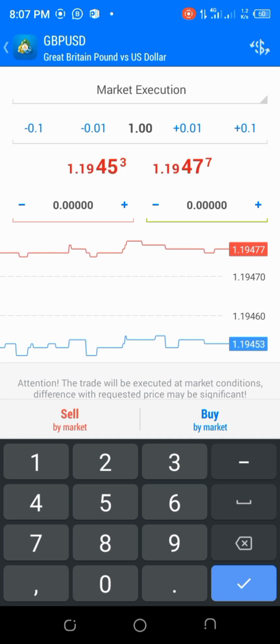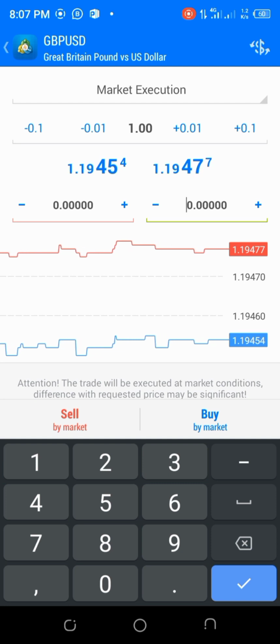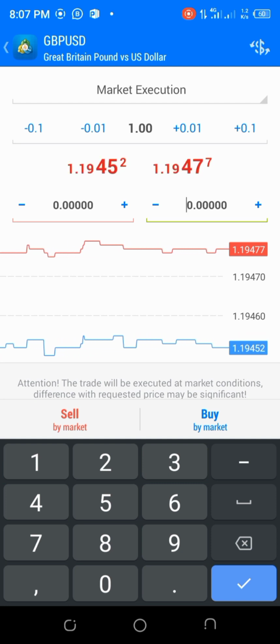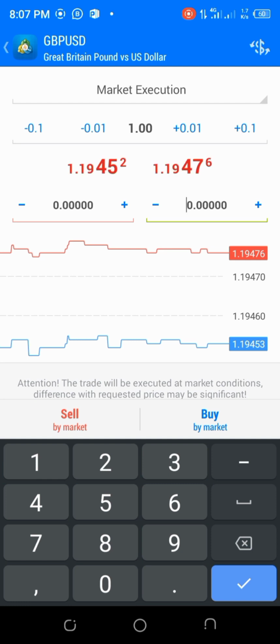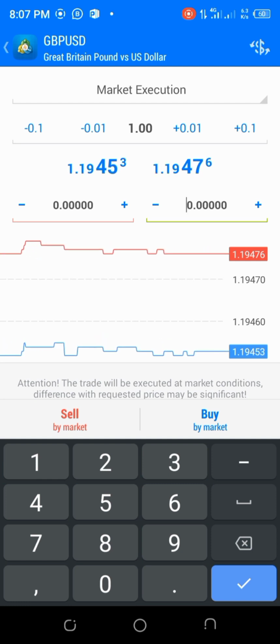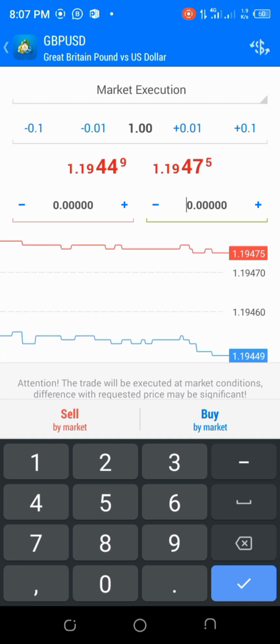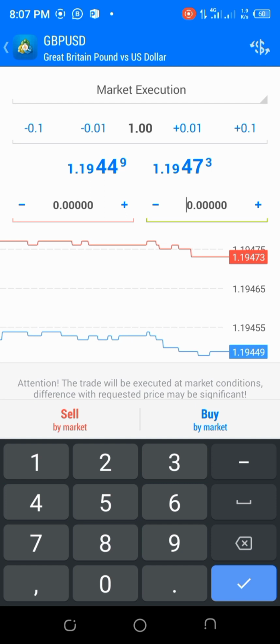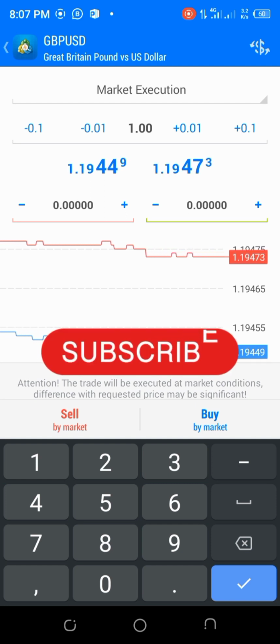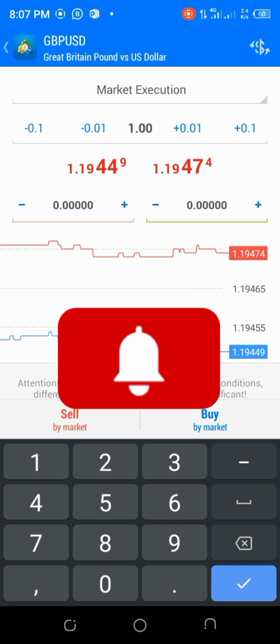It means that 100 pips move will be equal to $1,000, and in that same category, 1,000 pips will be a $10,000 move. I hope you understand.